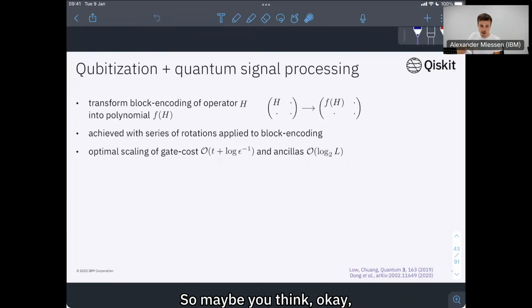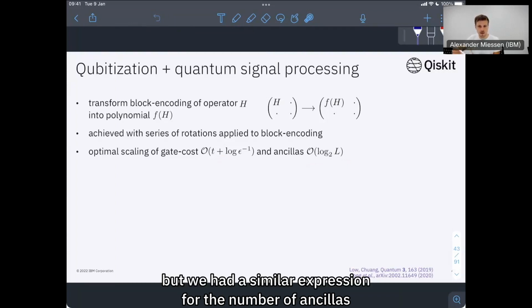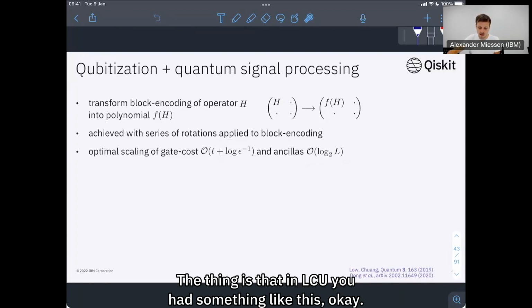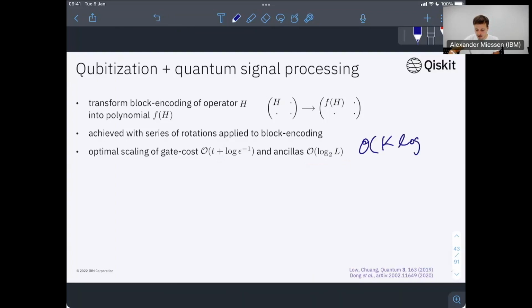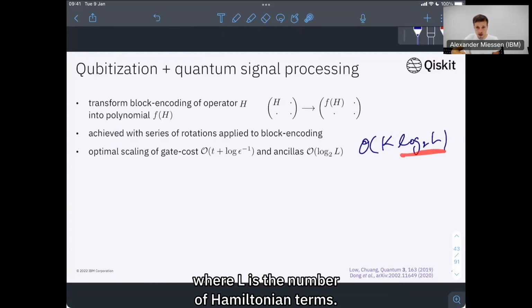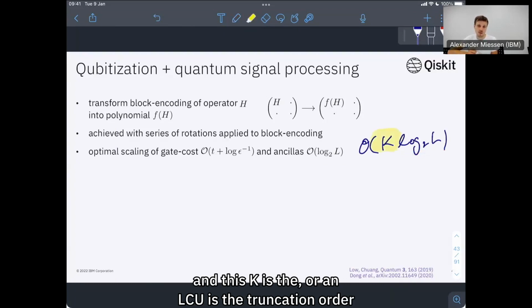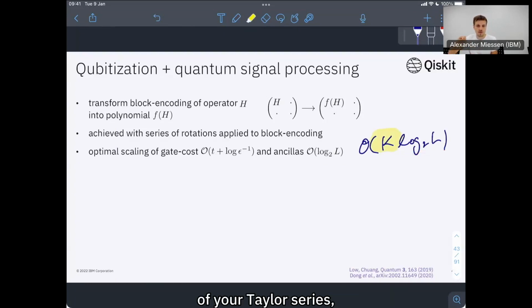Okay, so maybe you think, okay, but we had a similar expression for the number of ancillas with a linear combination of unitaries, and I was telling you it's bad in that case. The thing is that in LCU you had something like this, okay, where you also had this log L, where L is the number of Hamiltonian terms, but more importantly, you had this K here, okay, and this K in LCU is the truncation order of your Taylor series, and this is dependent on the accuracy of your simulation, okay?